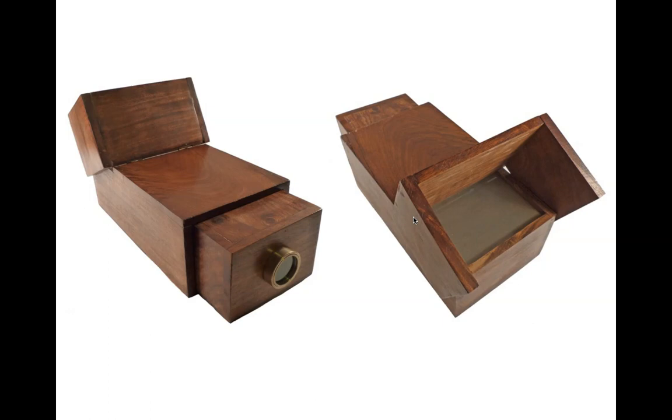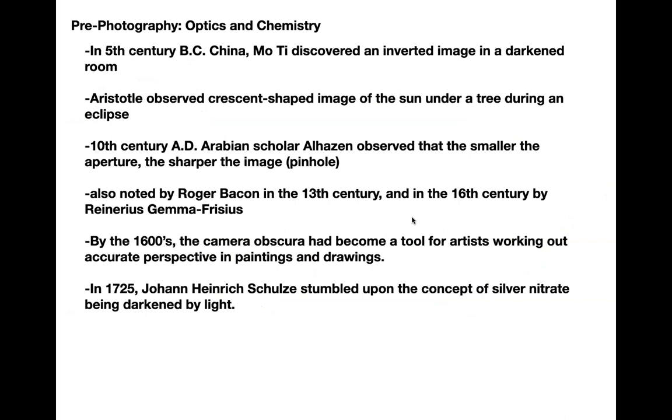Pardon my allergies. We've talked about advances in optics, but chemistry is the other part of the puzzle. So in 1725, Johann Heinrich Schulze stumbled upon the concept of silver nitrate being darkened by light. He's doing some experiments and finds a strange phenomenon: it was light, not heat, that was causing the silver nitrate to darken.